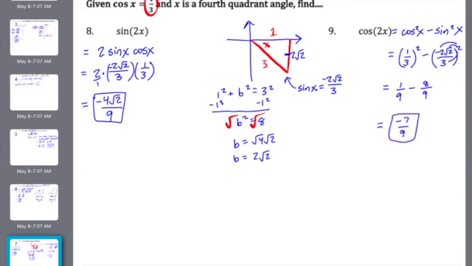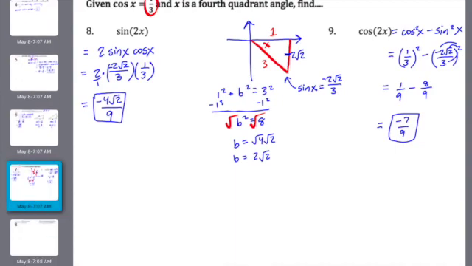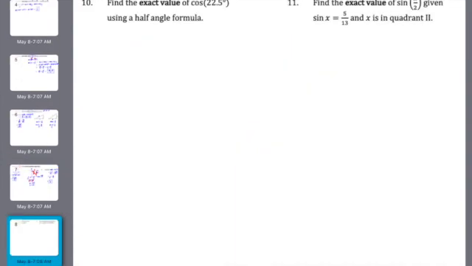All right. Let's move on to number 10. Number 10 says find the exact value of cosine of 22.5 degrees using the half angle formula. So hopefully you recognize that 22.5 degrees is half of 45 degrees. So we're going to rewrite this as the cosine of 45 degrees over 2.